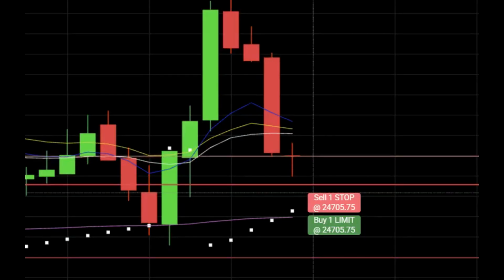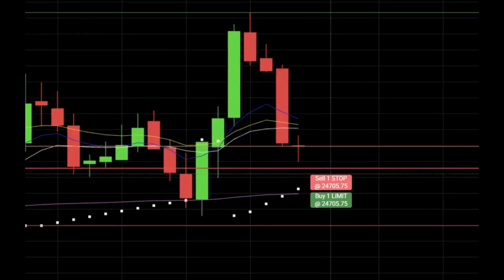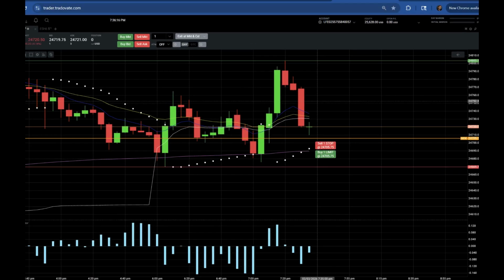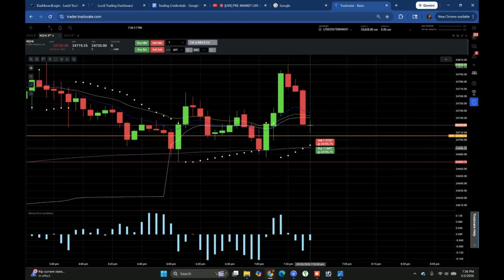Say I was already in a long and I wanted to have a stop loss here, I could just click on this. You can also use it to add to a trade. If I was in a long already, I could add to it by clicking this order here, etc. You get the idea where you can place different orders in different places to stop you out of a trade, to take profit, or to add or subtract from a current trade.